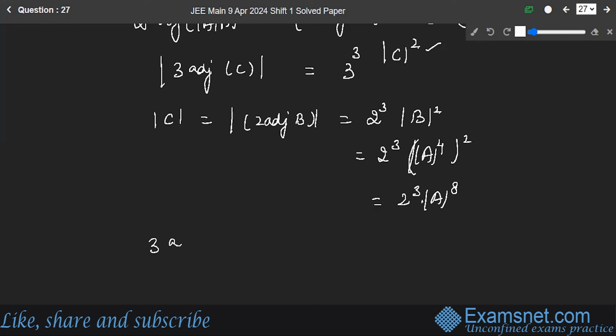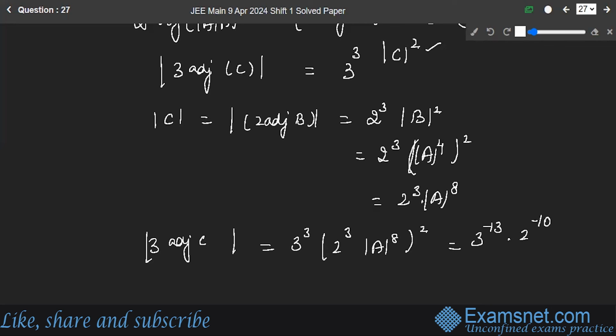So the determinant of 3 adjoint of C is equal to 3 raised to power 3, 2 raised to power 3, determinant of A raised to power 8, whole raised to this. This is equal to 3 raised to power minus 13 into 2 raised to power minus 10 according to the question.